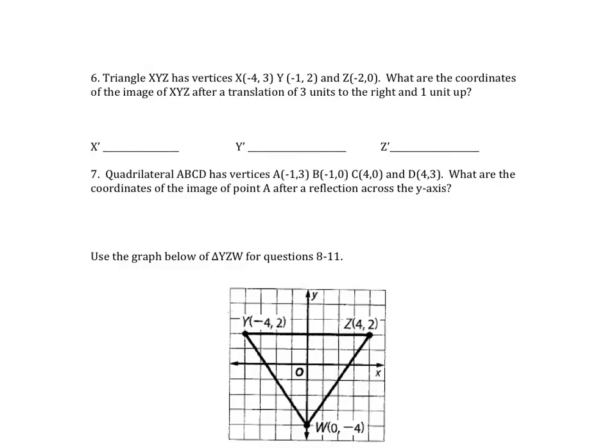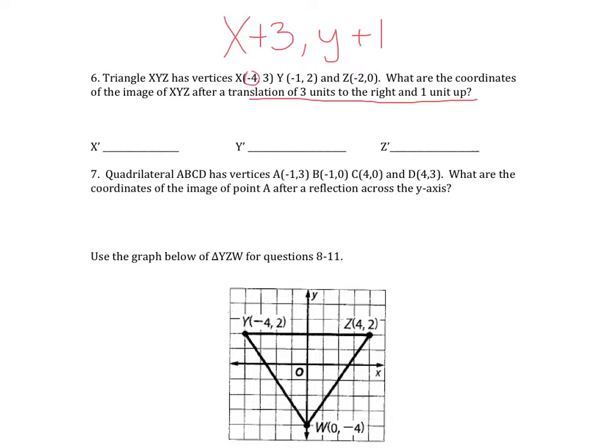This one says triangle XYZ has those vertices, and we want to know what are going to be the new coordinates after a translation of 3 units to the right and 1 unit up. So 3 to the right is going to be x plus 3, and 1 unit up is y plus 1. So for each value, we're going to add 3 to the x and then add 1 to the y.